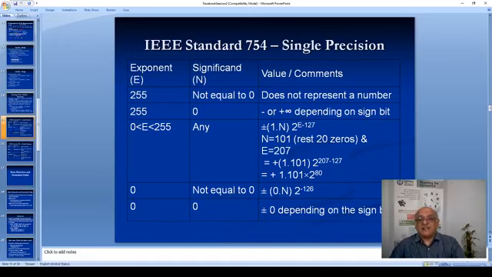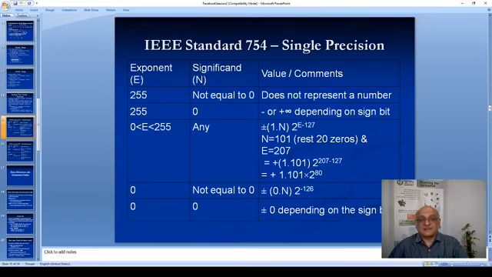Out of these 32 bits, 8 are used for representing the exponent, and 1 is the sign, so you are left with 23 bits.